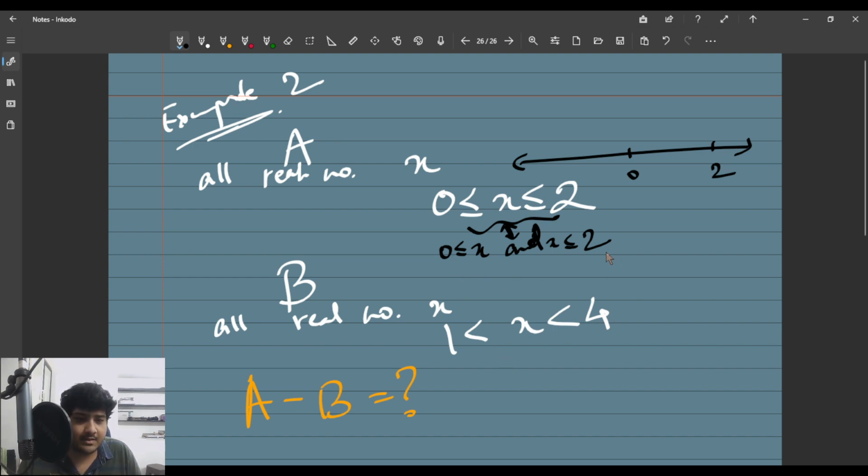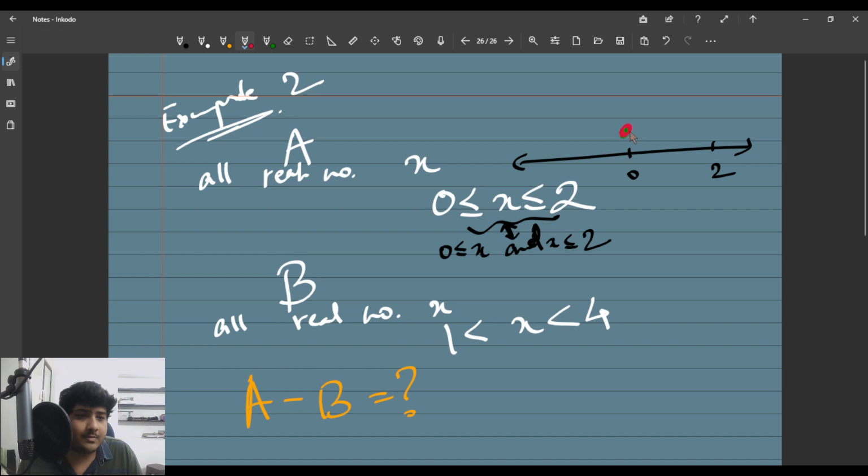So what does this mean? All the numbers between 0 and 2, but you also include 2 and 0, because x could have been equal to 2 and 0. So I'll mark it this way. This is just a notation, just a way of marking stuff on the real number line.